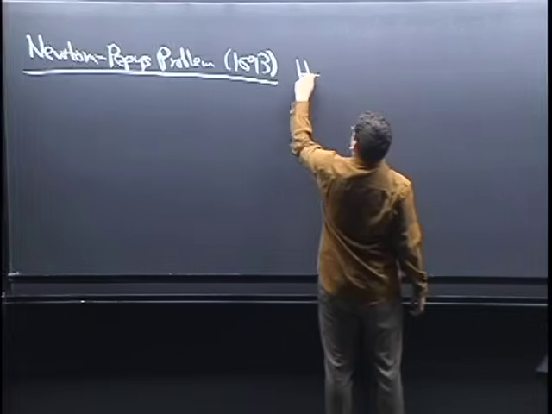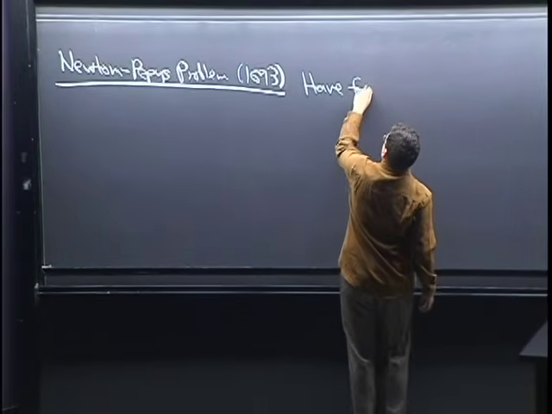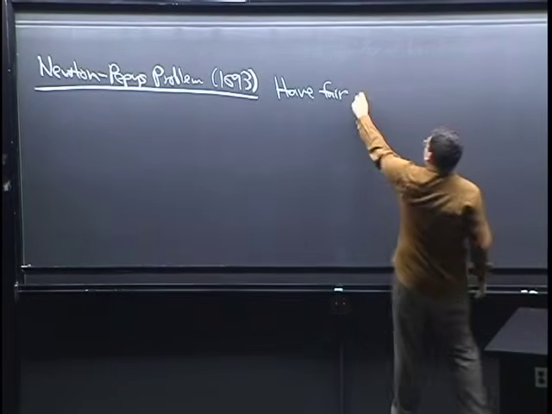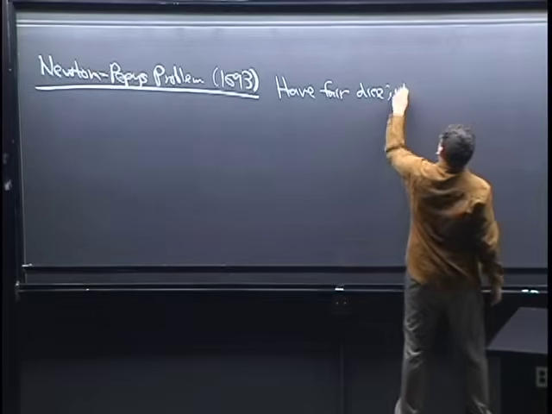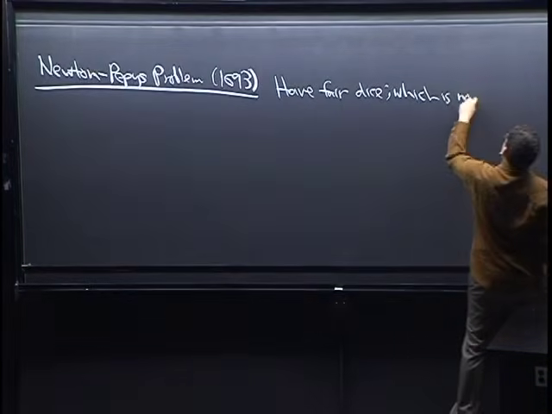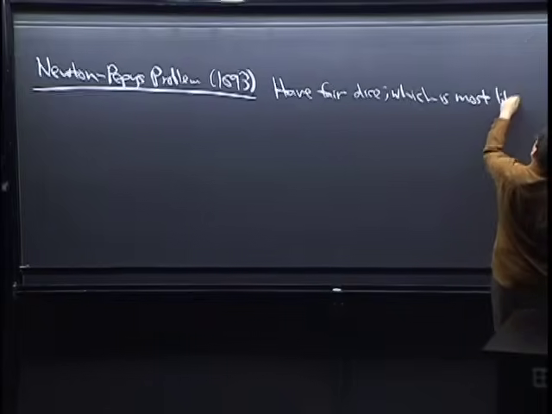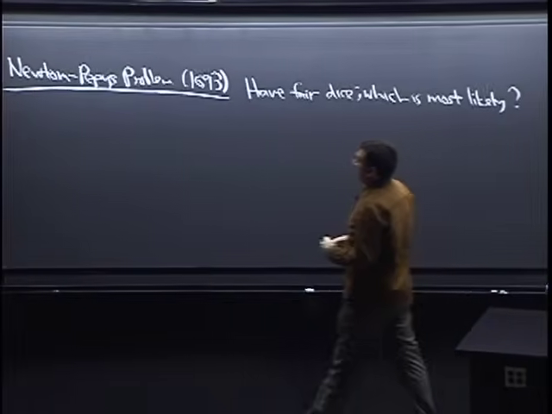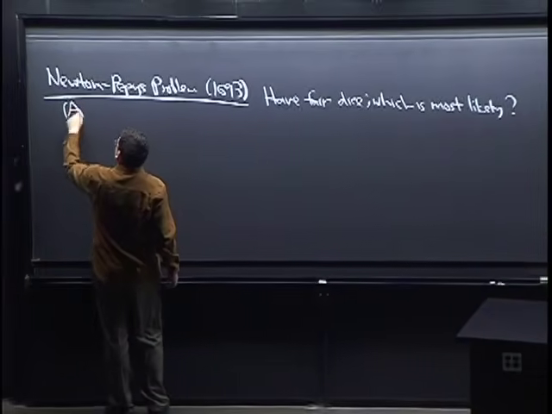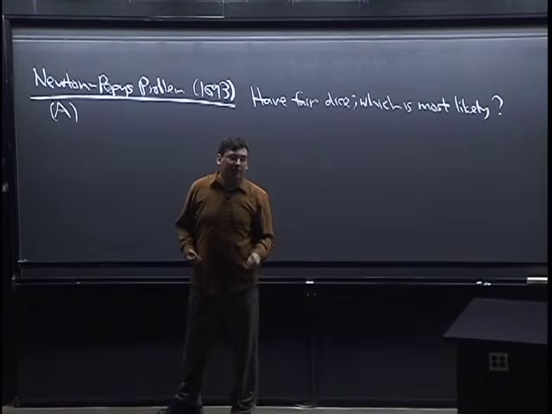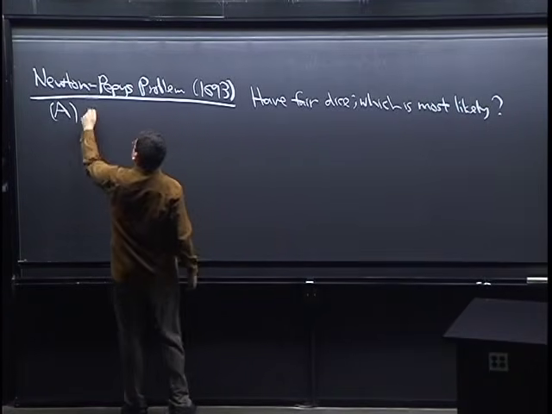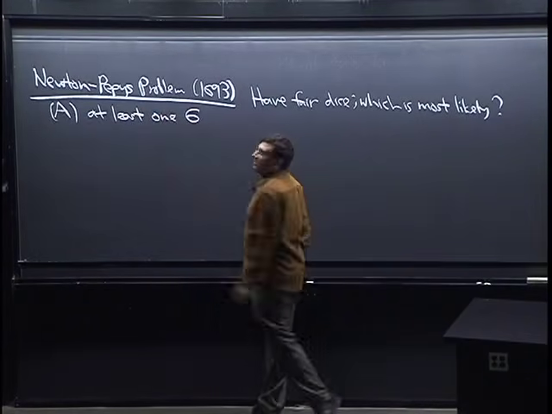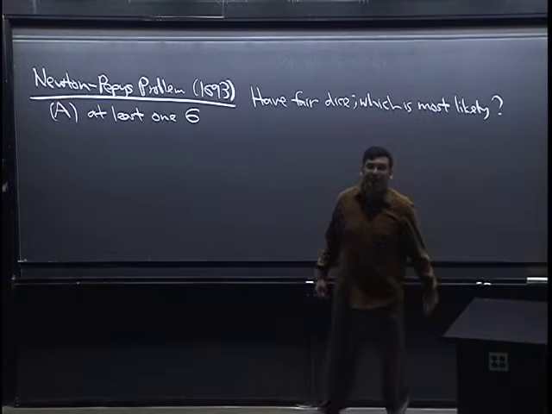We have fair dice, just usual 6-sided dice. So the sides are numbered 1 through 6, all equally likely. And the question is, which of these 3 possibilities is most likely? Okay, the first possibility, let's call this event A. A is the event of getting at least one 6 with 6 dice. So you roll 6 dice, and the question is, will at least one of the 6 dice have a 6 on it?